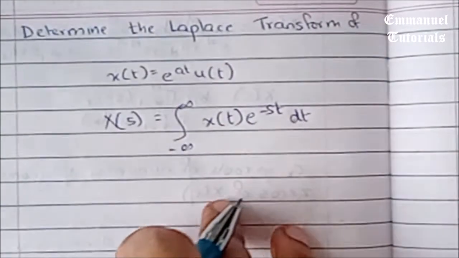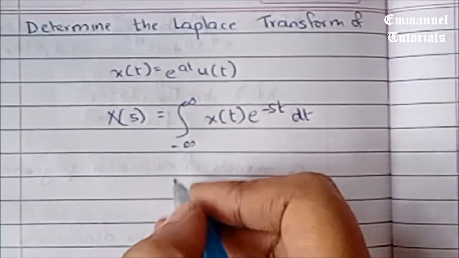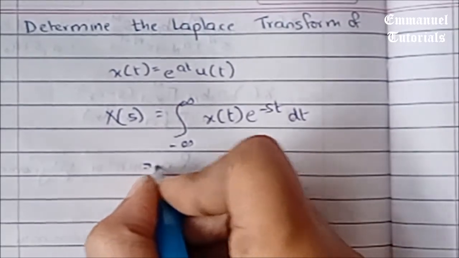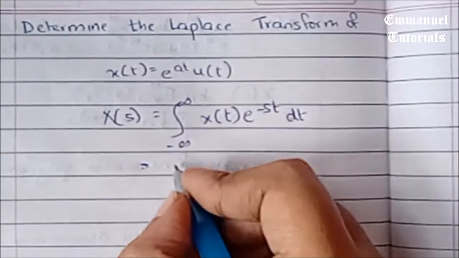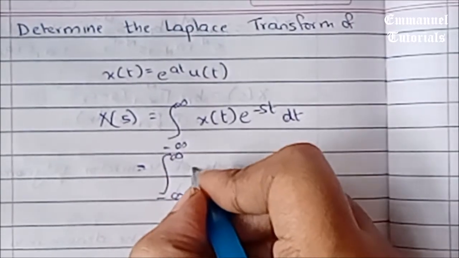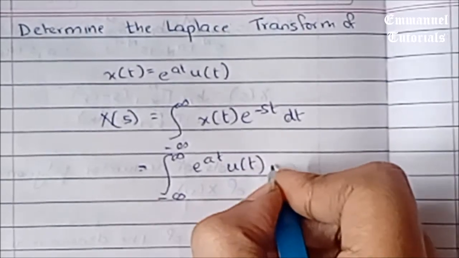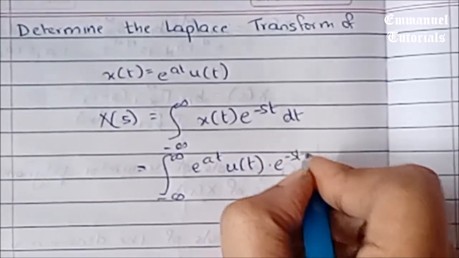So now we have x of t is e raised to at u of t. So let's substitute that in our expression. So it will be integral minus infinity to plus infinity e raised to at u of t into e raised to minus st dt.